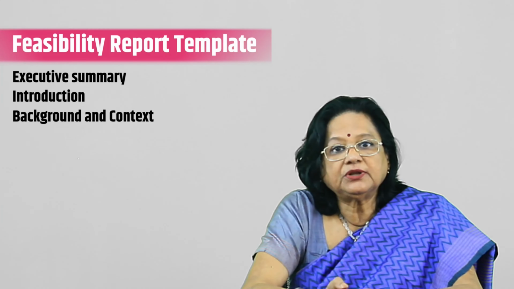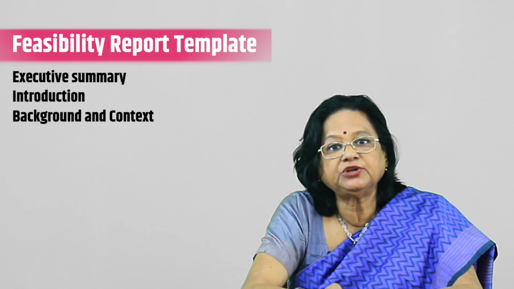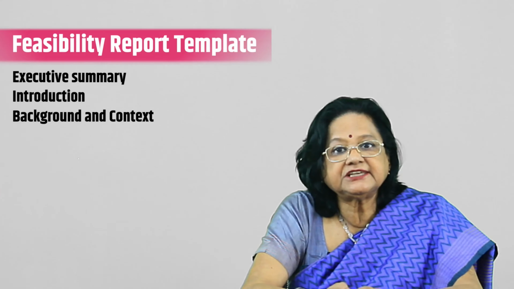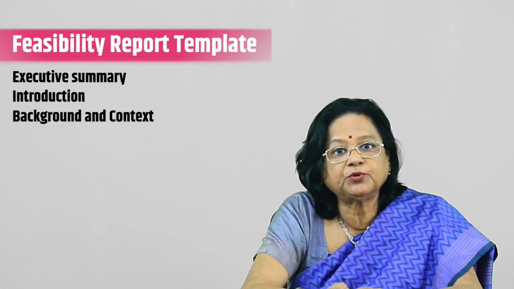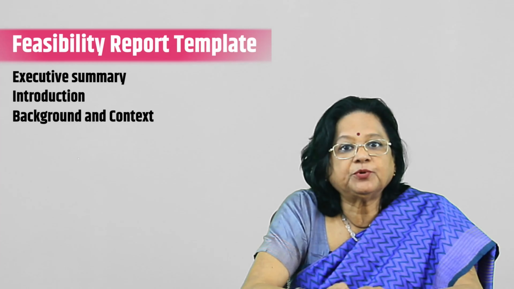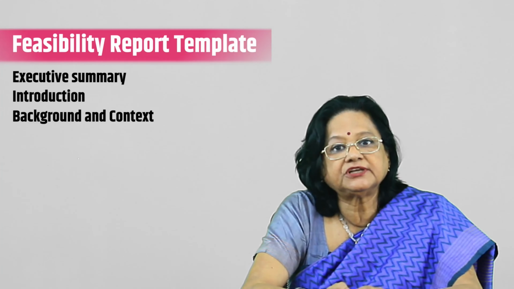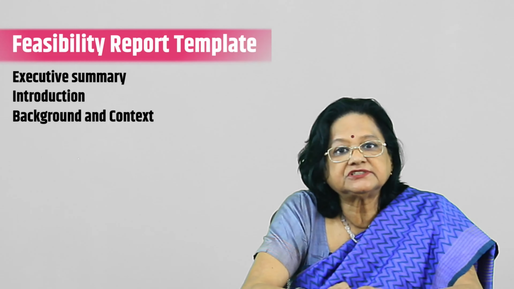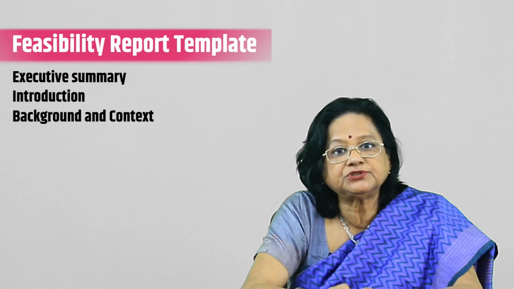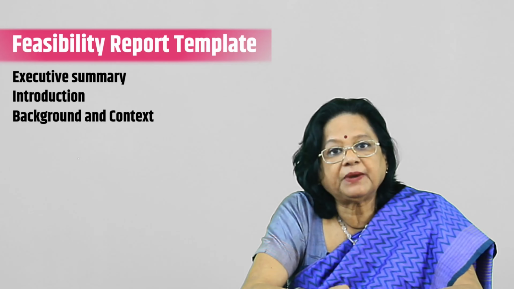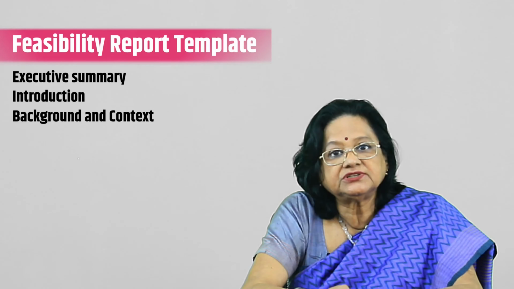Next is background and context. A feasibility report should also include background and context. This section is important to help readers of the report understand important contextual information. For example, if you are discussing different approaches for a project, you could include the history and goals of the project in your background and context section.